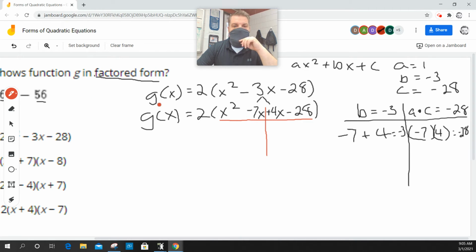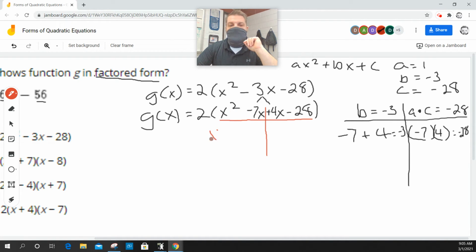Now on the next line, I look at x squared and negative 7x. What do both those terms have in common? An x.